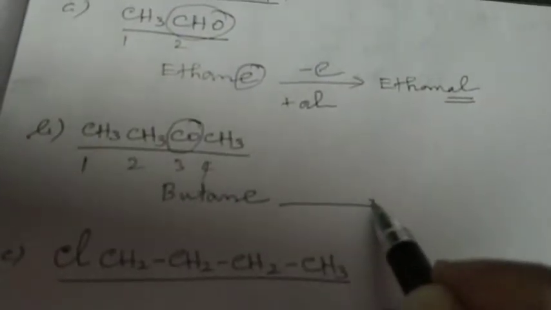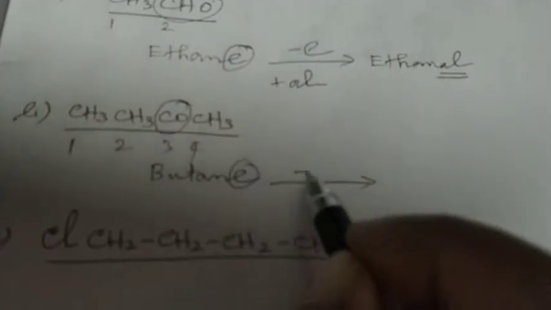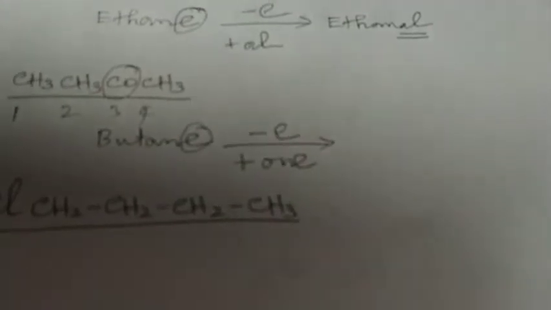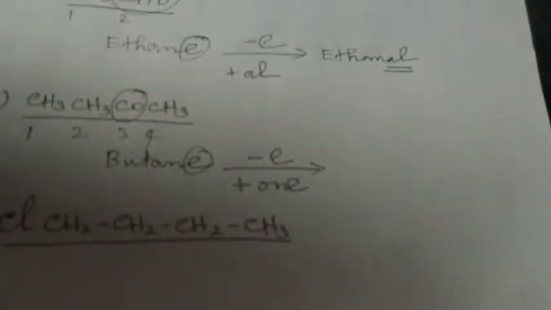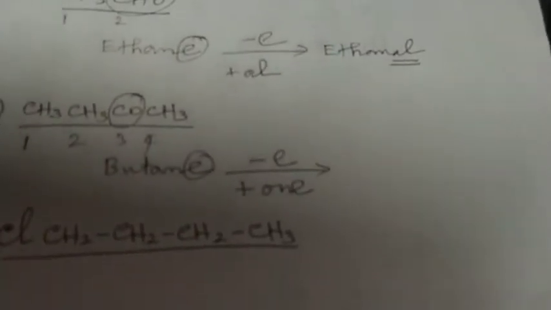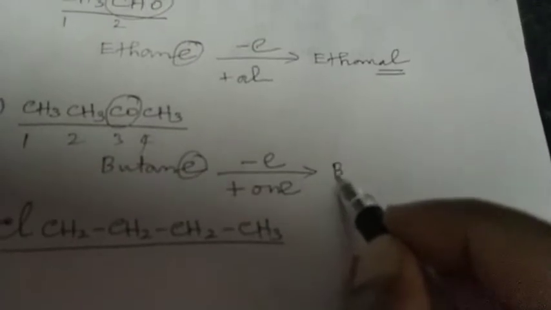So when C=O is present, what do we have to do in the parent hydrocarbon? Replace E, and add "one". "One" is the suffix added to the hydrocarbon having the functional group of C=O. So what will be the name?